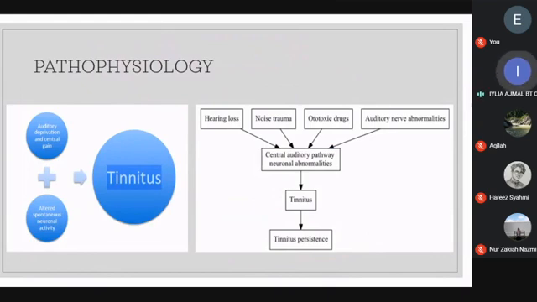This is another diagram showing why patients have tinnitus. There's alteration in the neuronal activities in the cochlea and also along the auditory pathway, so the brain perceives the sound when there's no external stimuli, because there's excessive firing of the action potential. These are the possible causes of why the patient has hearing loss, and eventually the patient will have persistent tinnitus.